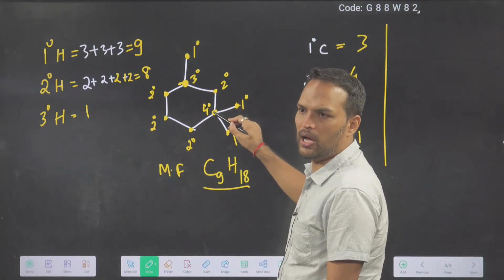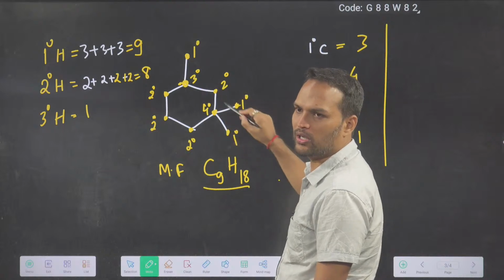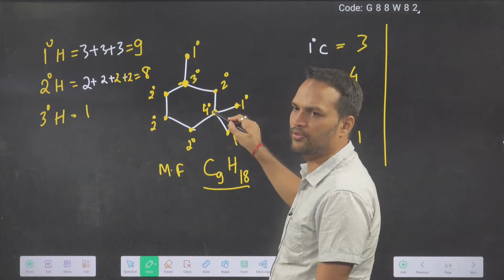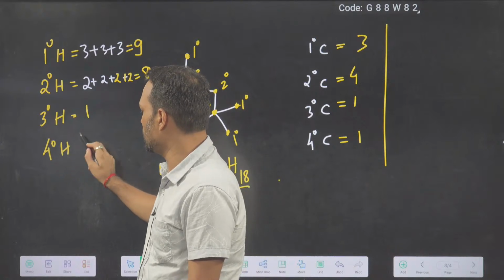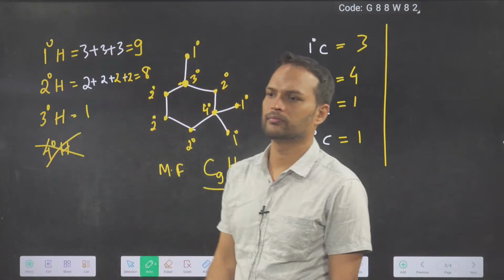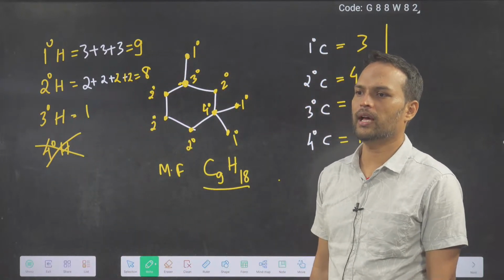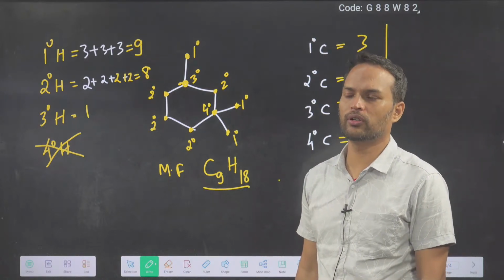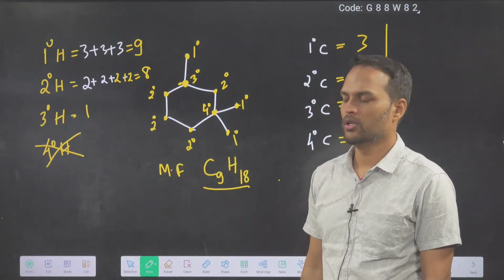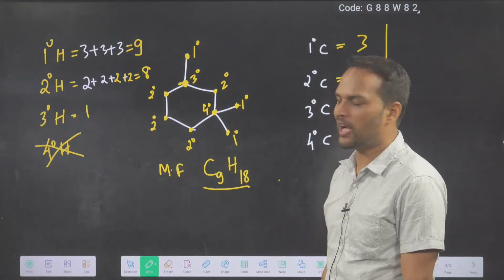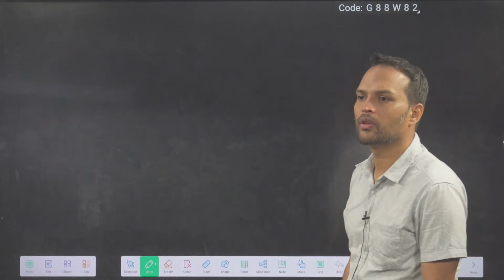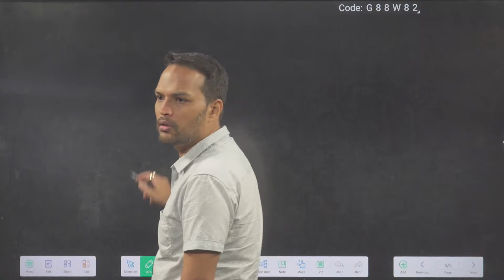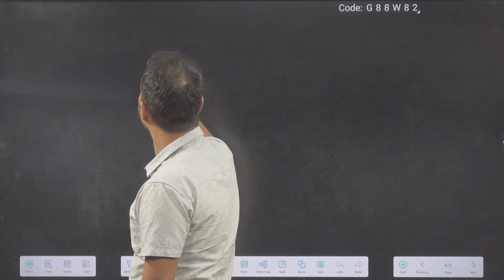There is no place for hydrogen. 4 degree hydrogen, never say. Clear? There is no 4 degree hydrogen. So hope you understood degree of carbon and hydrogen. Did you understand?